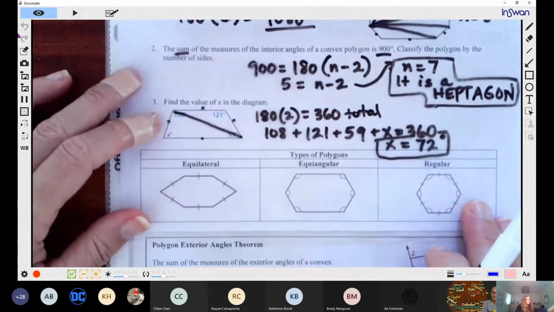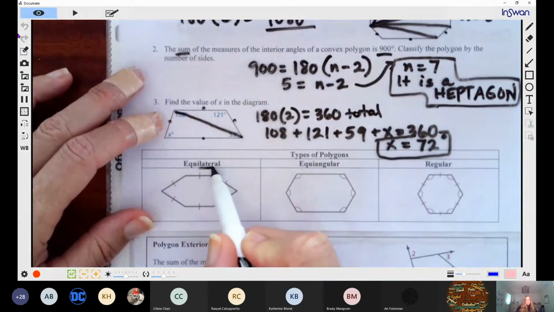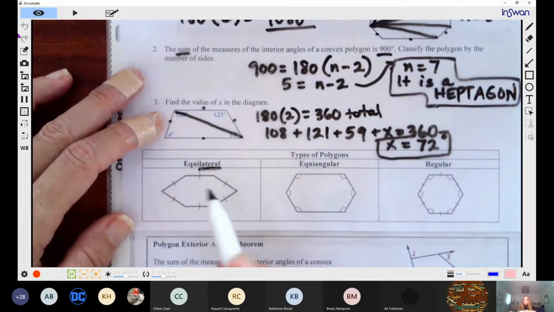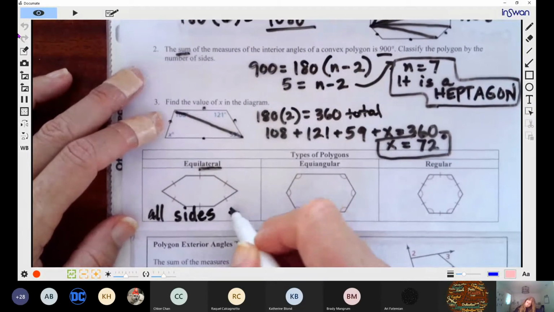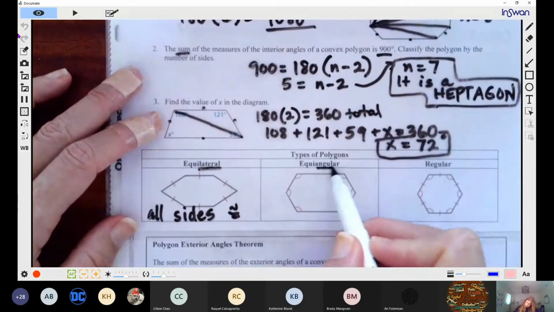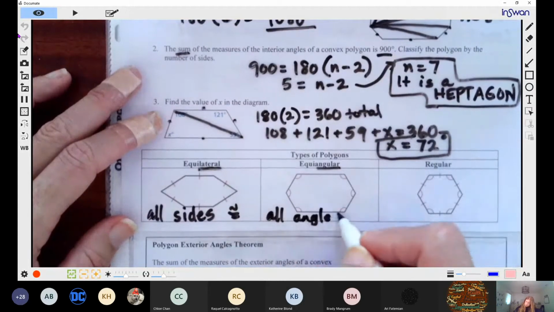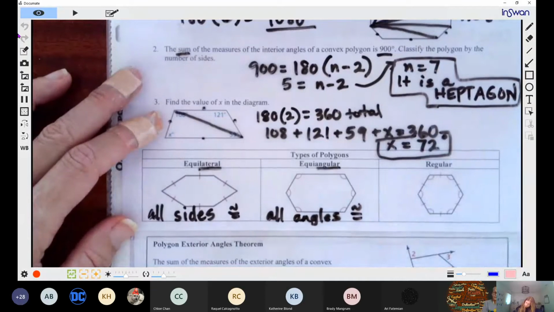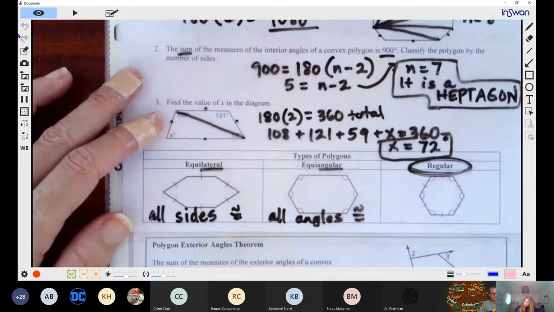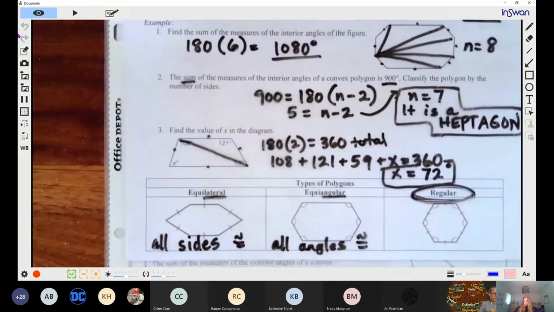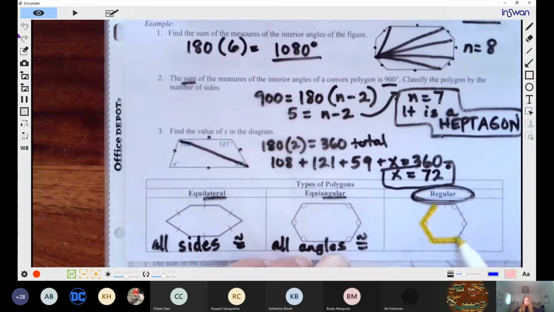There are 3 more vocabulary words. If we say something is equilateral, remember, that means all the sides are the same. Equilateral. They're all congruent. If we say it's equiangular, then all angles are congruent. However, if we use the word regular, not as in normal, but as in everything.